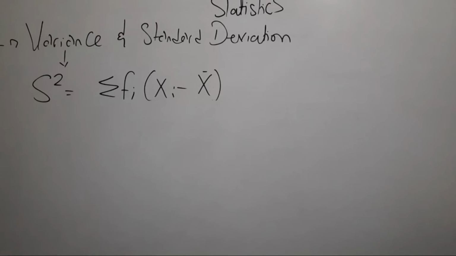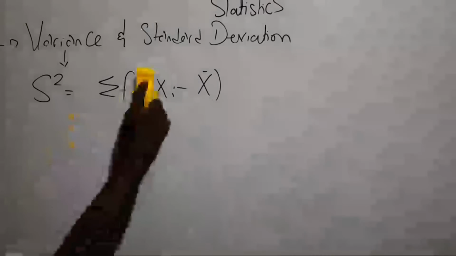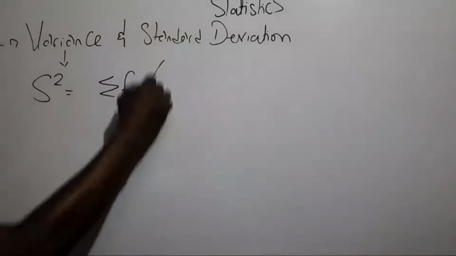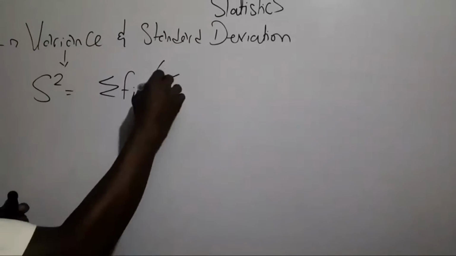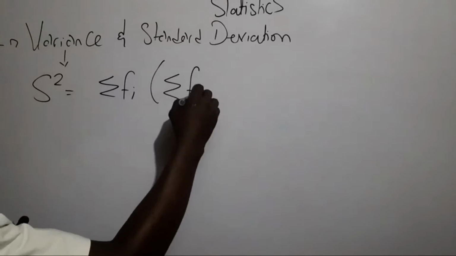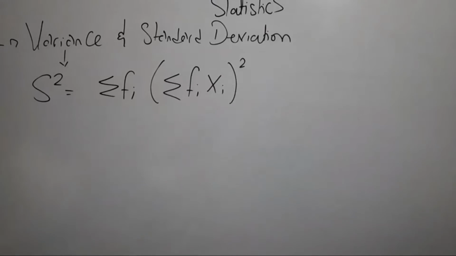Then we have the summation of fi xi raised to the power of 2, minus. Look at it, it's the summation of fi into brackets, the summation of fi xi raised to the power of 2.